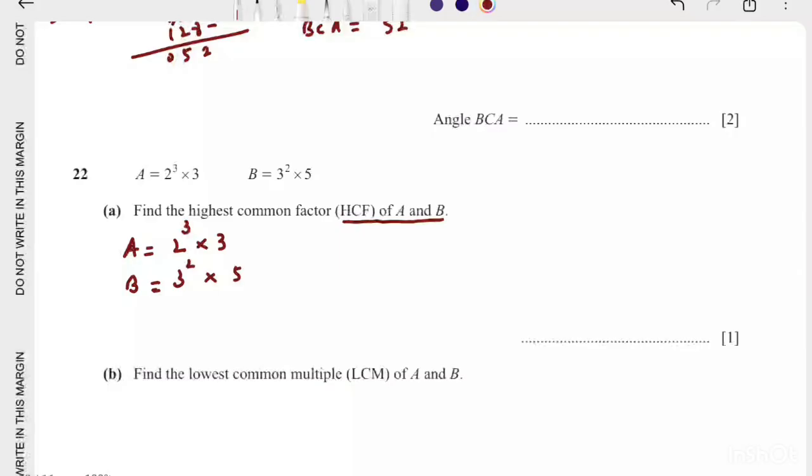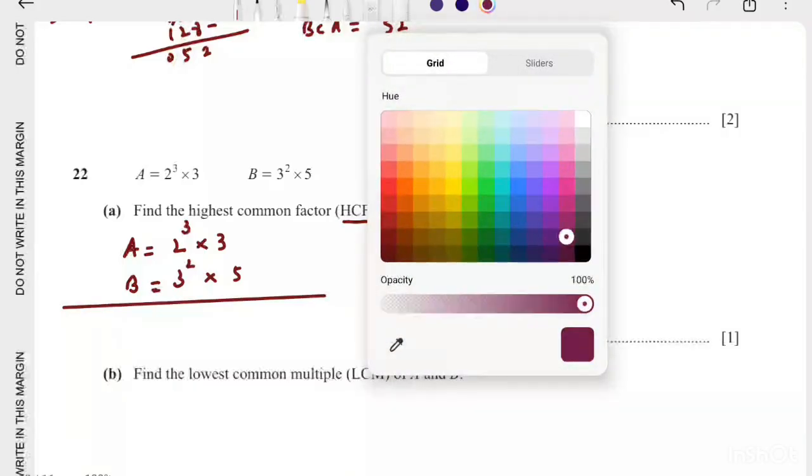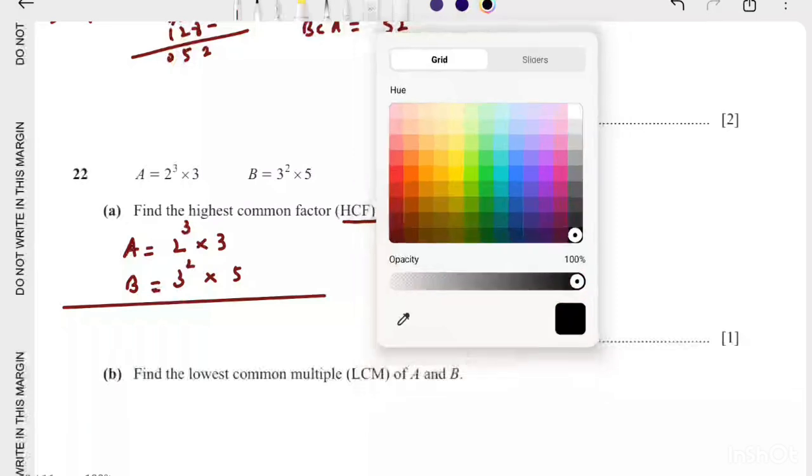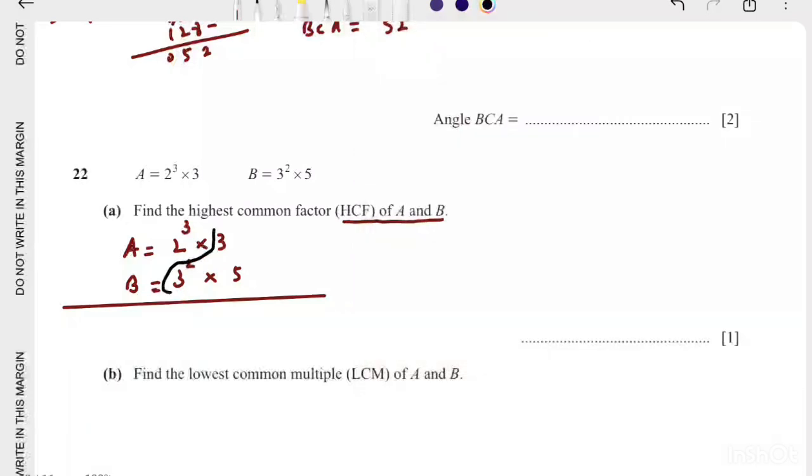Now we have to find out common factors, for that purpose first of all we are going to draw loops, and the common factor is 3 square and 3, but for HCF we always choose the number with smaller power, so 3 would be the answer.